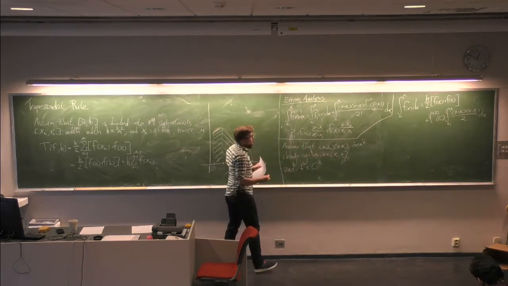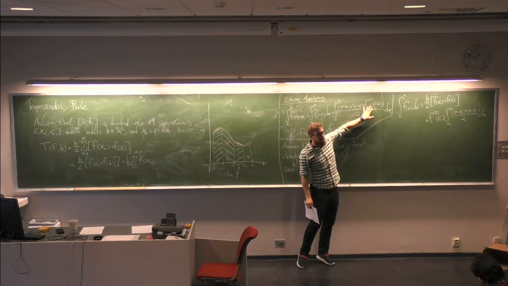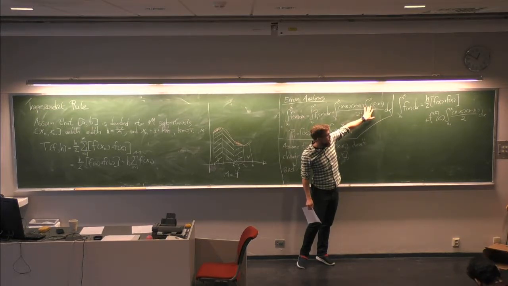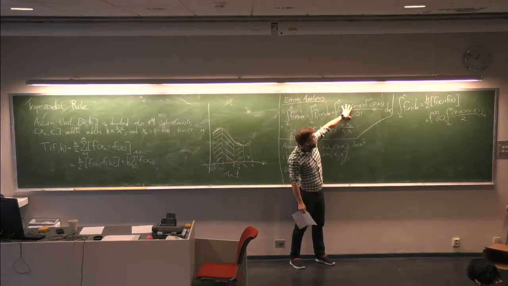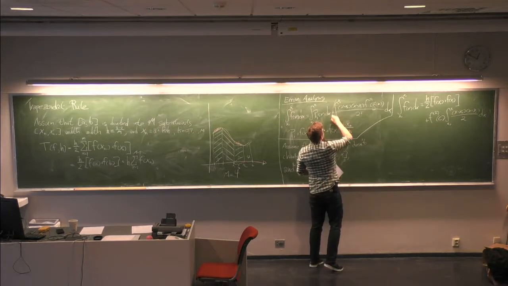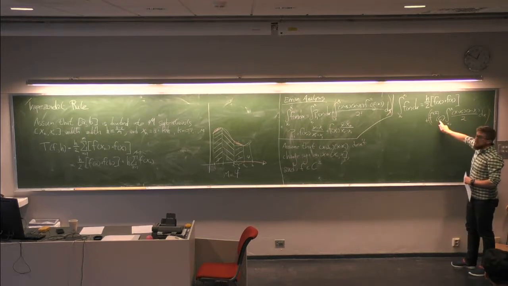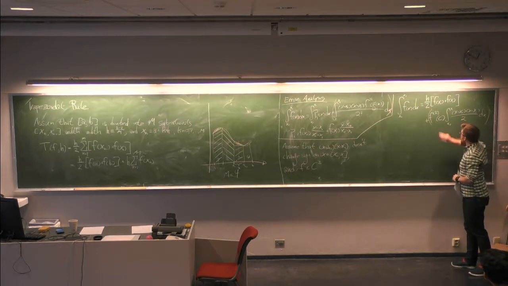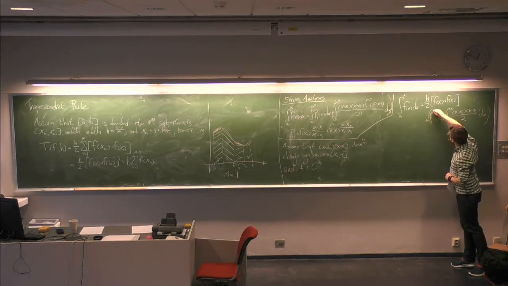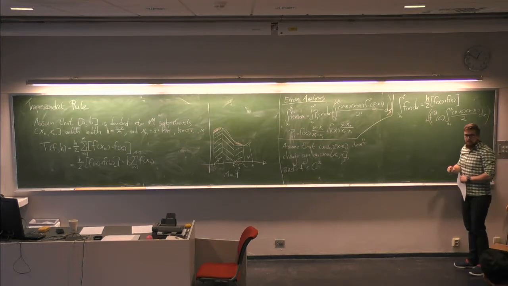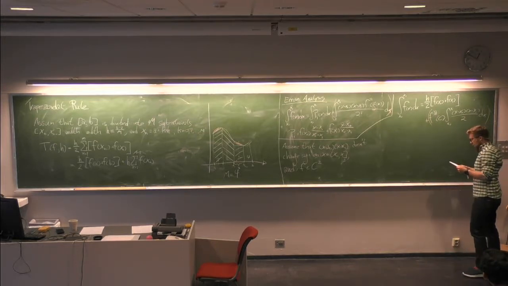So why could I actually put this function outside the integral? That's the mean value theorem. It says there should be some kind of constant c such that this thing is equal to this thing for some c. You're able to pick a c. That was confusing. I hope not.